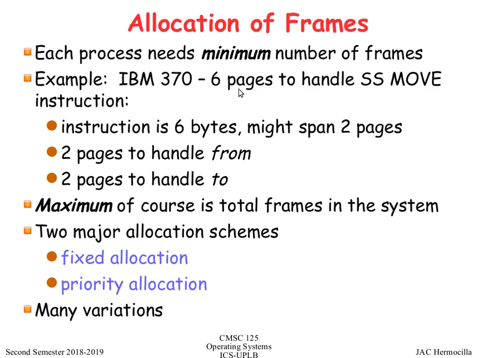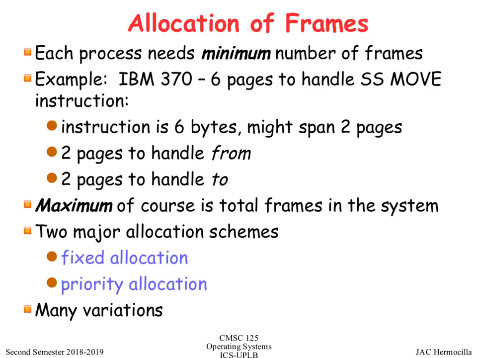So at the minimum, when you have a process that runs on this particular machine, you need to allocate to a process at least 6 pages so that it does not trigger a page fault. Once you load the process, it should already have 6 frames, 6 pages pre-allocated to it. Okay?